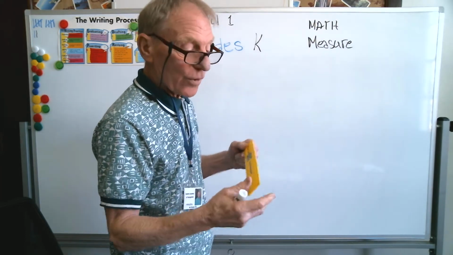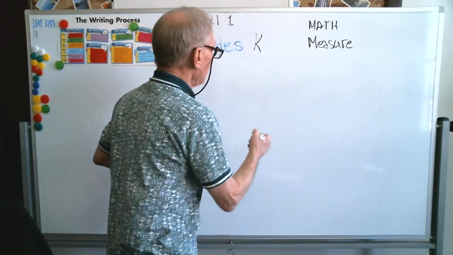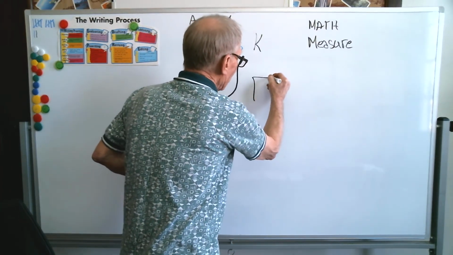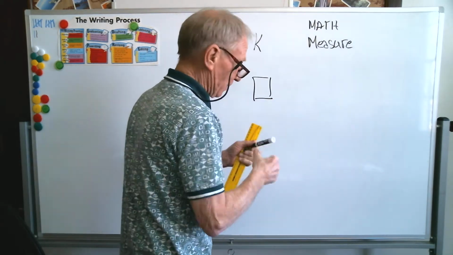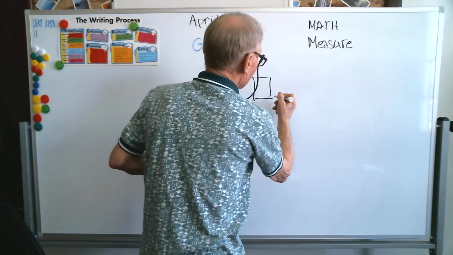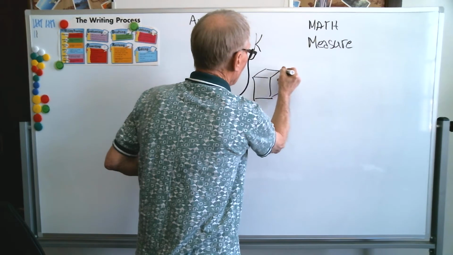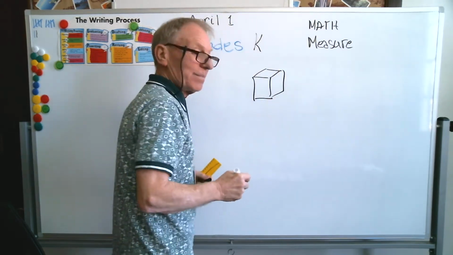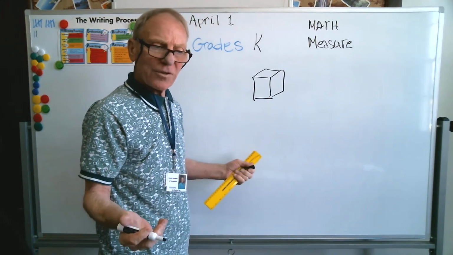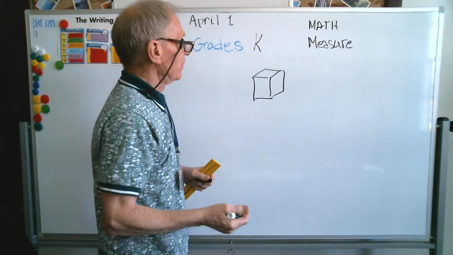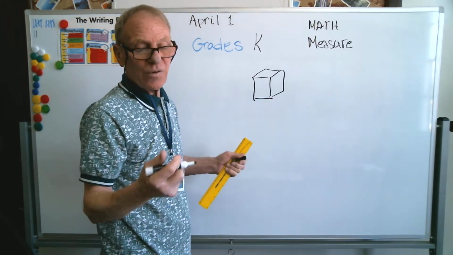So if you take a ruler and you want to measure something, if I had a box and I wanted to measure that box, as a matter of fact, we'll make that box so that it has 3 dimensions. A 3-dimensional object has length, height, and width.